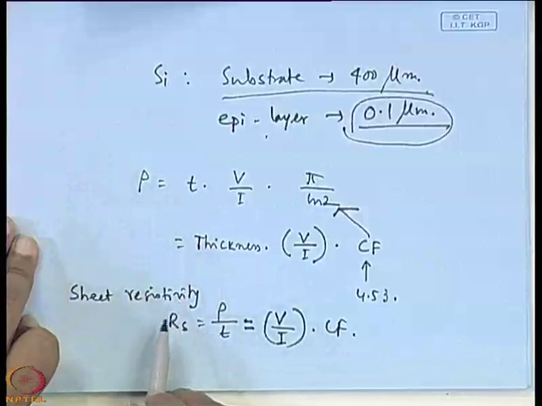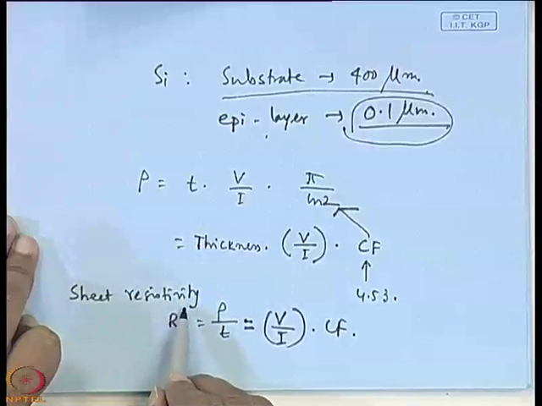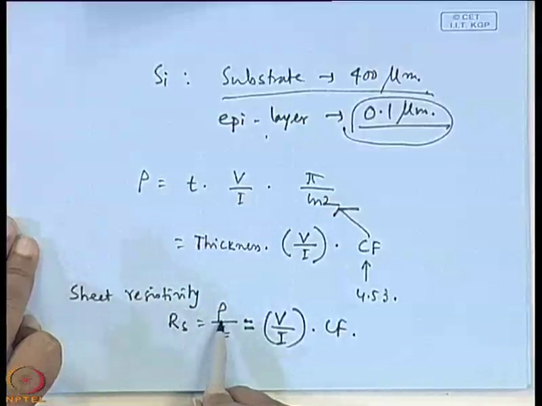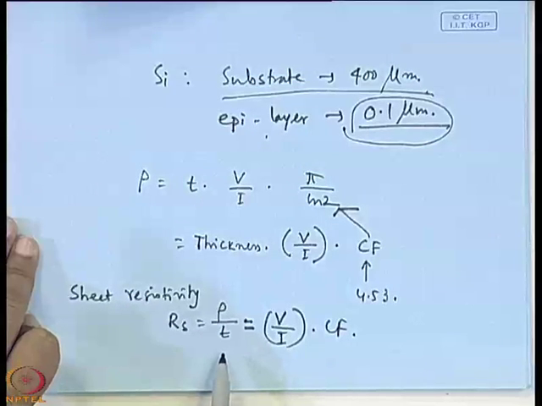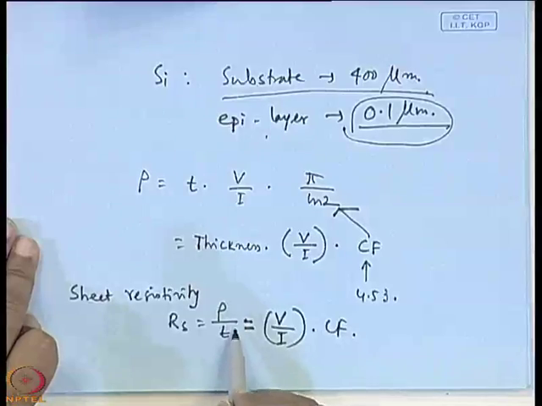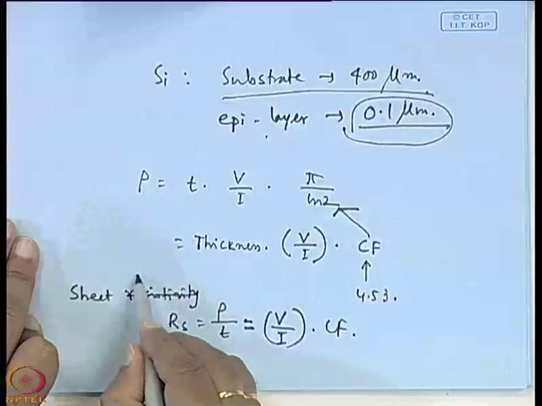Then we should write it as sheet resistance, not resistivity. Why? Because rho is the resistivity and we are dividing the resistivity by thickness, so it becomes ohm centimeter by centimeter, which is ohm. So it is sheet resistance.